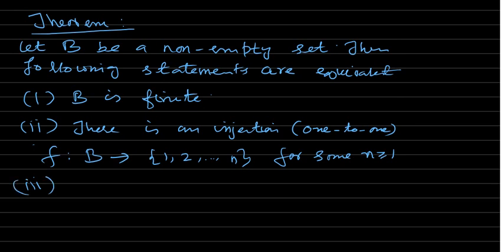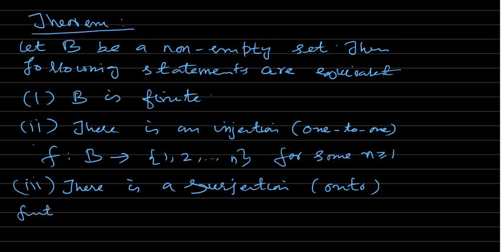And third one, there is a surjection. Surjection means onto. There is a surjection, or you can say onto function, say h from the set of first n natural numbers, so here is the reverse, n to set B for some n greater or equal to 1.